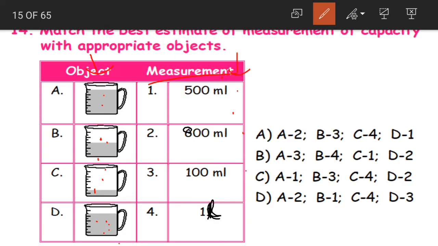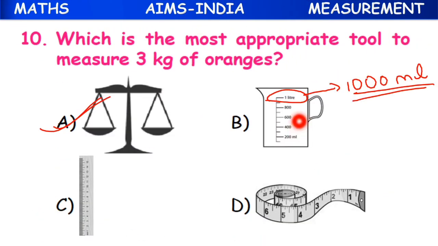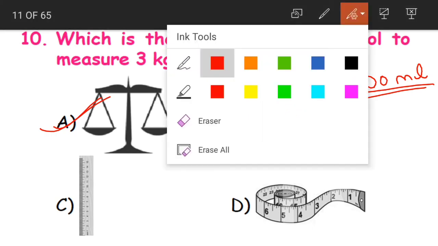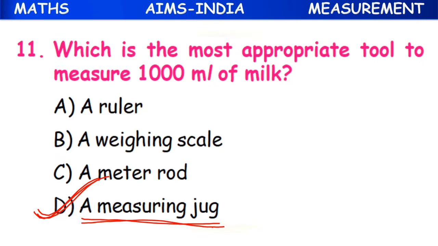Okay. Now if you look at the first one, that is A, the measuring jug is full. Now if you remember the measuring jug from the options, children, here see what is the highest measurement here? The highest measurement is 1 liter.